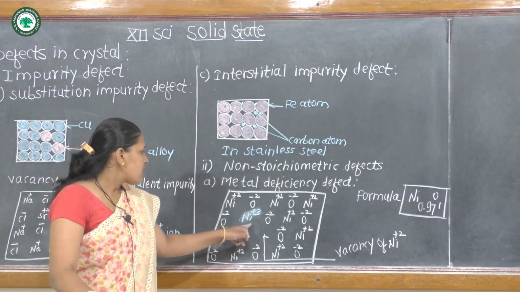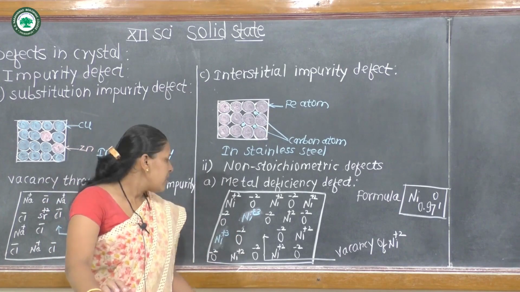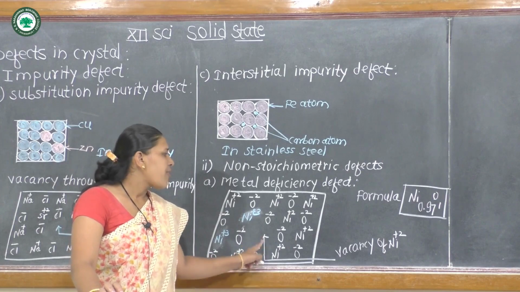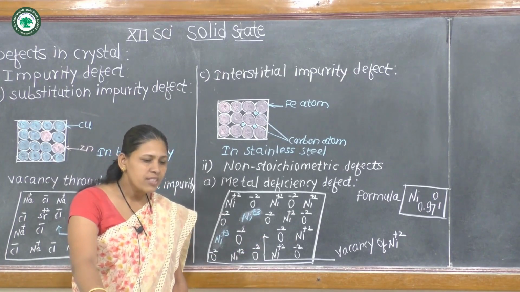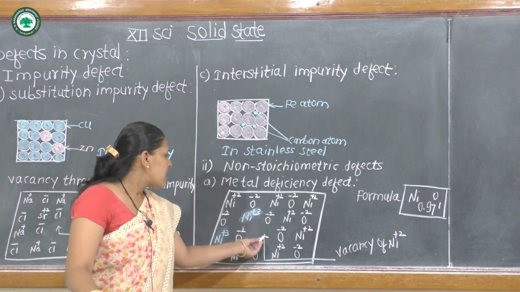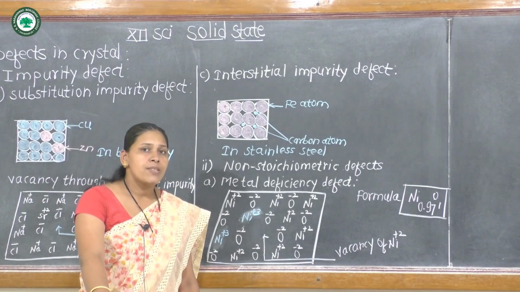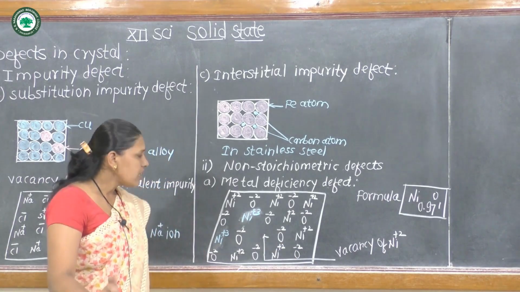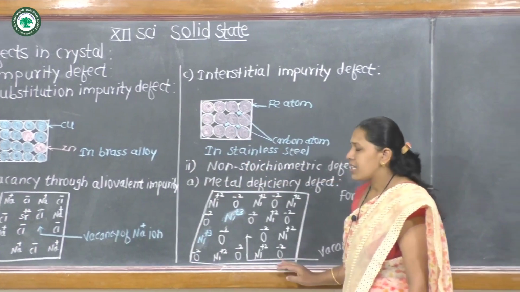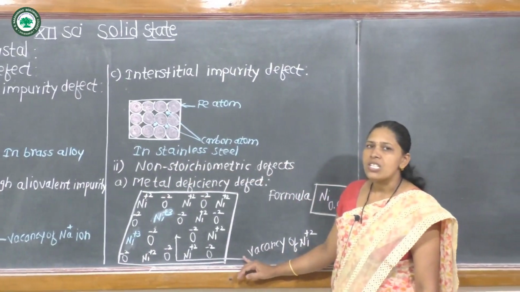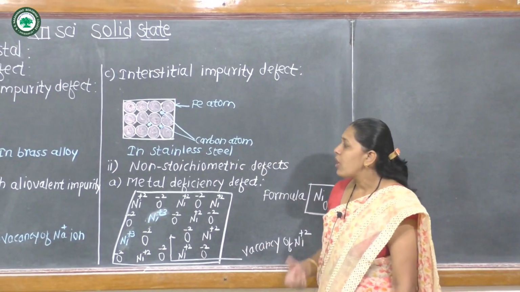Therefore this extra +2 positive charge is neutralized by the vacancy of another nickel +2 ion. Therefore here this is the vacancy of the third nickel +2 ion. Therefore electrical neutrality of the crystal is maintained by this vacancy of nickel +2 ions.